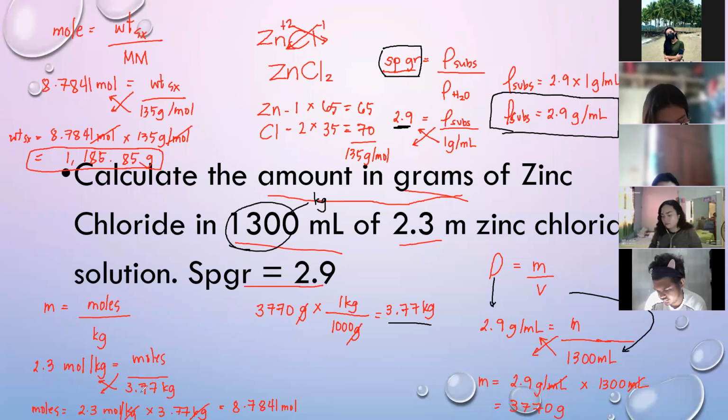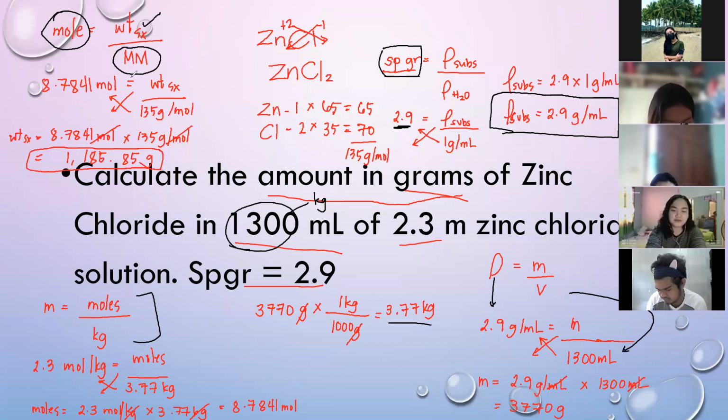So, pag meron na tayong mass, pwede na tayong mag-compute ng moles. Balikan natin yung original formula natin here. Okay? So, pag na-compute natin yung moles, meron na tayong moles dito, pwede na nating makuha itong weight of the sample. Kailangan lang natin i-compute yung molar mass ng ating substance, which is zinc chloride.